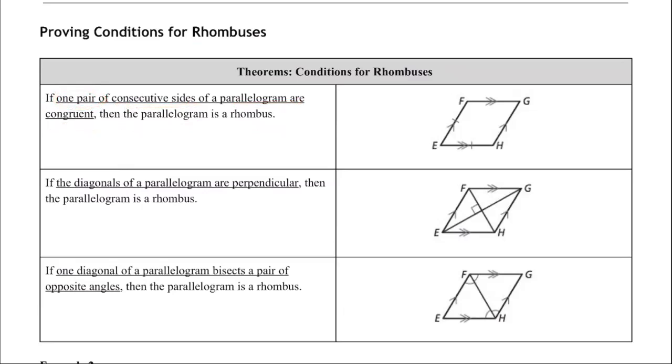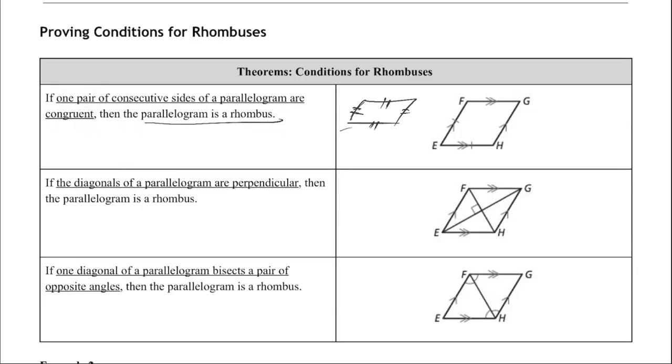If you think about that, that actually makes sense, because if it's a parallelogram, opposite sides are congruent. If the consecutive sides are congruent, then this is equal to this, which becomes the opposite side of the same. So therefore, all four sides are the same. By the definition, it must be a rhombus. So you should be able to write that out if I ask you to.